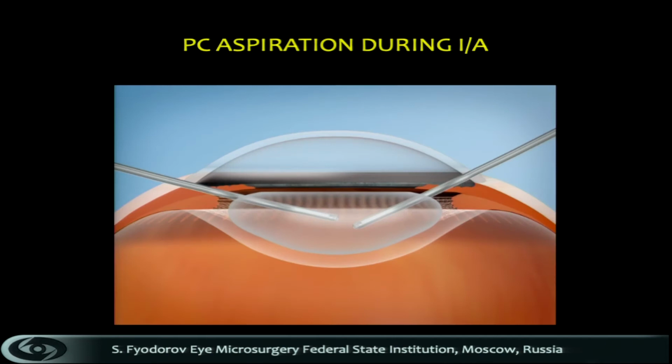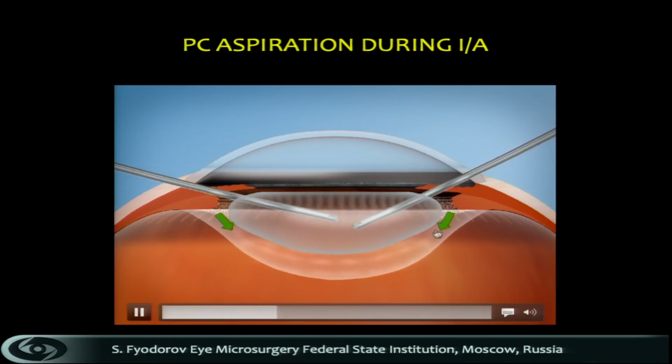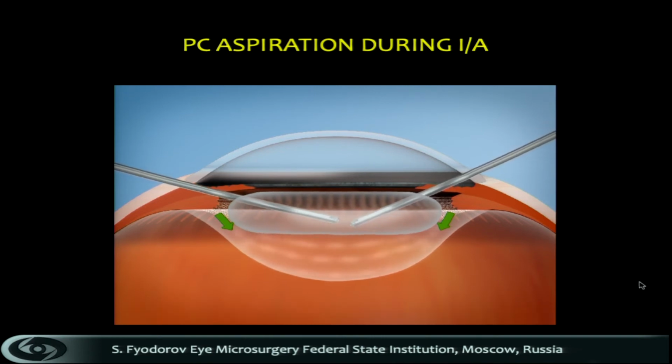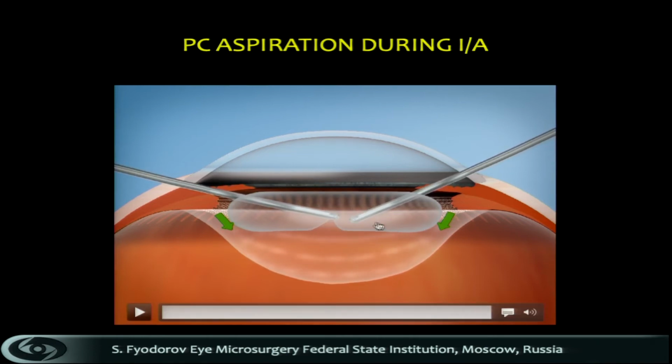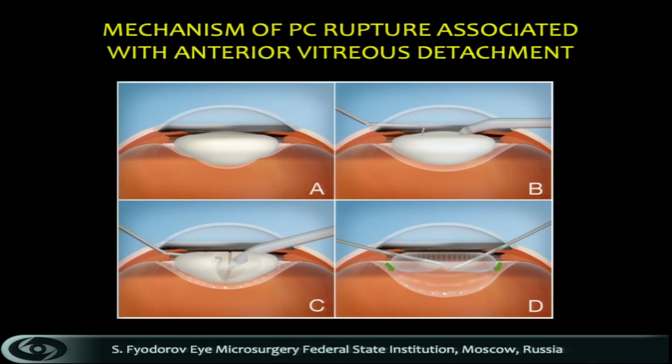So what's happening with this condition? When the fluid goes behind the posterior capsule, it becomes flat, and then it's easy to be aspirated by the irrigation aspiration handpiece, or it can come in contact with the ultrasonic vibrating needle, making that complication happen.